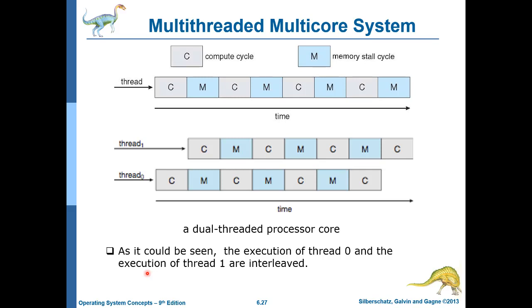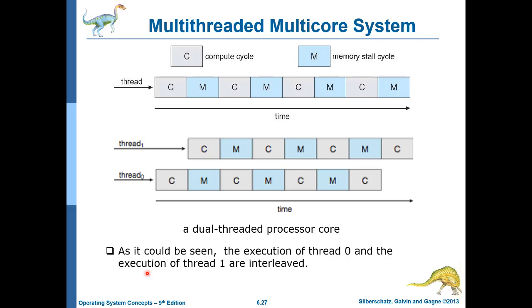In the second case, we can utilize this memory stall. Thread 0 is doing its computation cycle, and then there is a memory stall during which thread 0 has to wait, so the CPU does not wait, rather it loads thread 1, and thread 1 is executing instead of thread 0. During execution of thread 1, the memory stall is applied and the data comes to the memory.